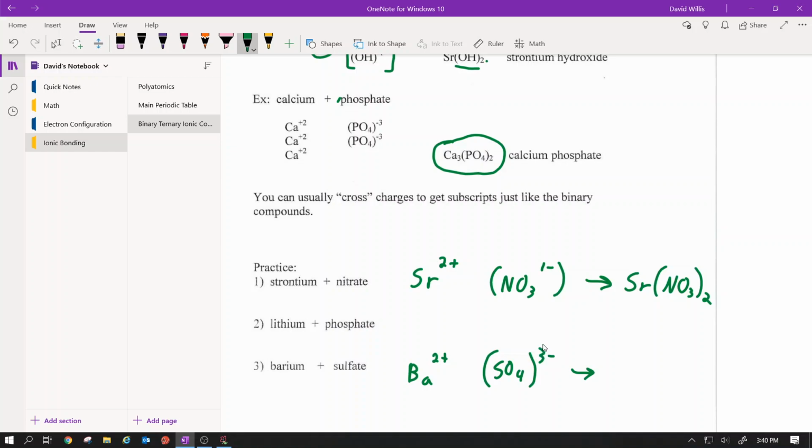Yeah. Okay, 2 minus, and again, that ends up being a match made in heaven, a +2, a -2, so that will then just be barium sulfate, and we'll just leave it like that.